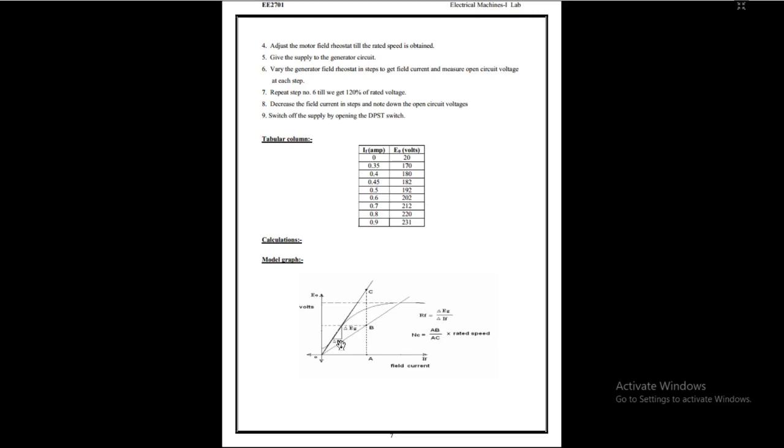Field resistance is generally found using this straight line: it is the change in generated voltage, on the y-axis, divided by the change in field current. That gives us the field resistance. To get the critical speed, we use this AB length and AC length along with the rated speed.